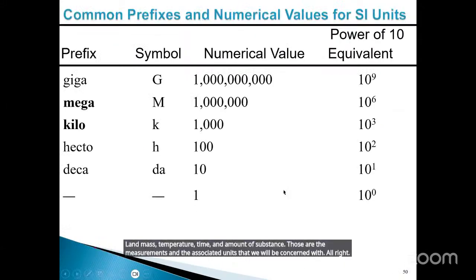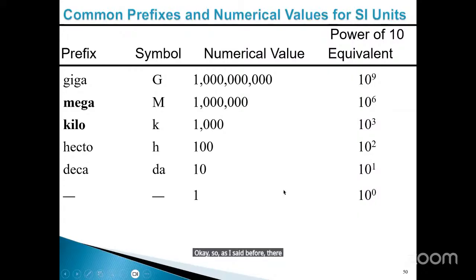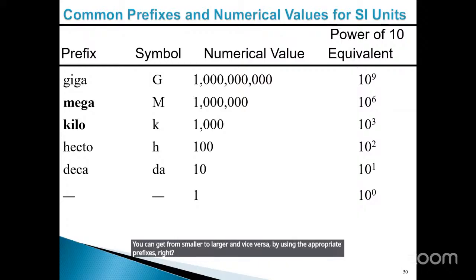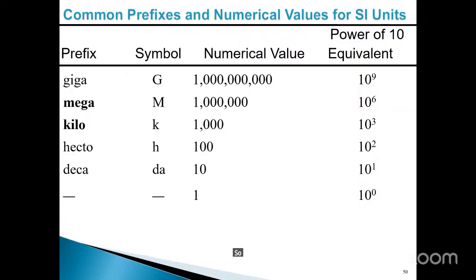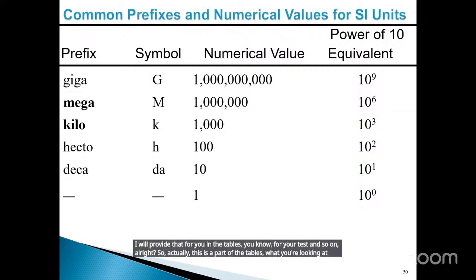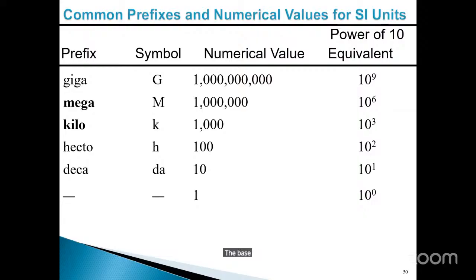Okay, so as I said before, you can get from smaller to larger and vice versa by using the appropriate prefixes, right? Now, as far as I'm concerned, you don't need to memorize the prefixes because I will provide them for you in the tables, for your test and so on. Actually, this is a part of the tables, what you're looking at here. These are the prefixes to convert from the base unit to larger units.